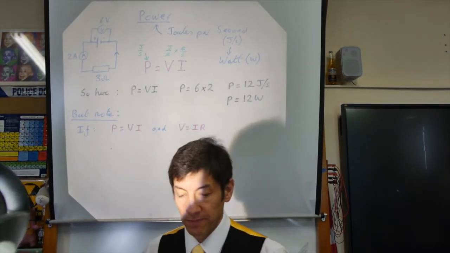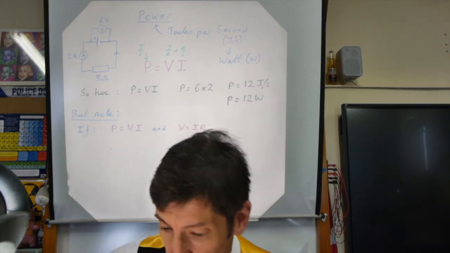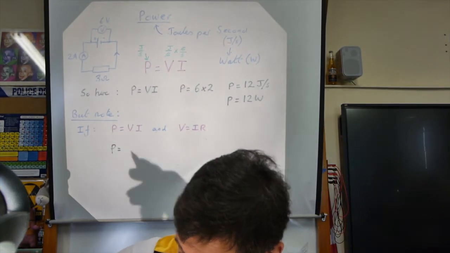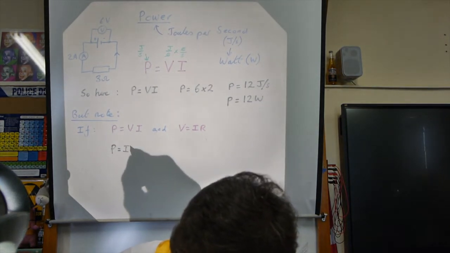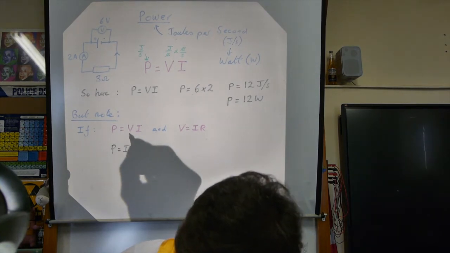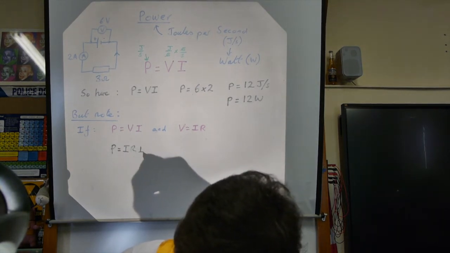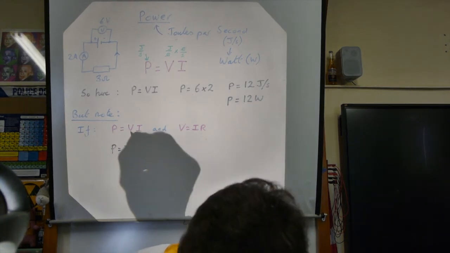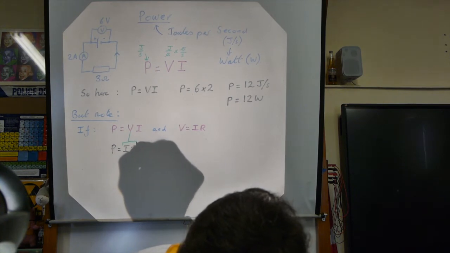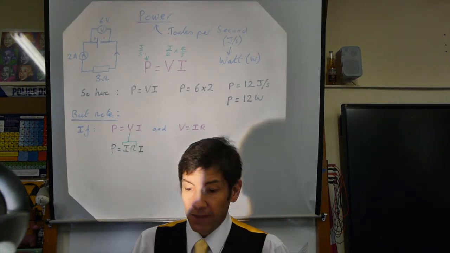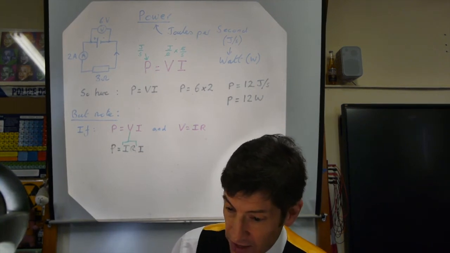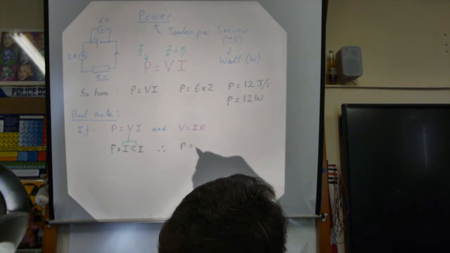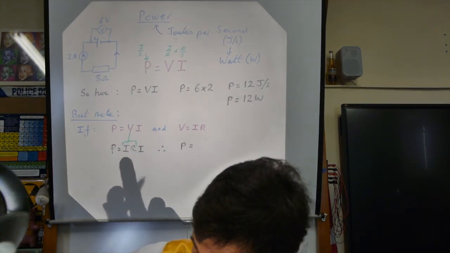So follow me through on this. P equals VI. P equals V, which is IR, multiplied by I. So what I'll do, if it isn't clear, is I'll sort of do this, that is the IR. And then you can see that if you do that, therefore, P, the power in a circuit, is IIR.